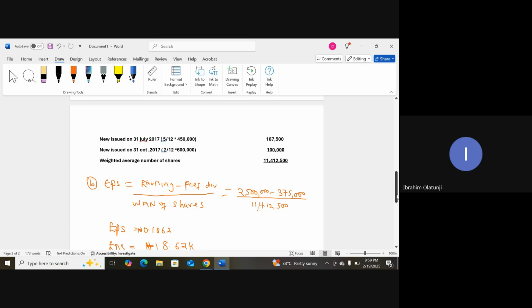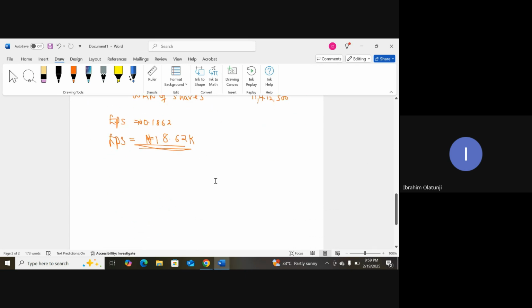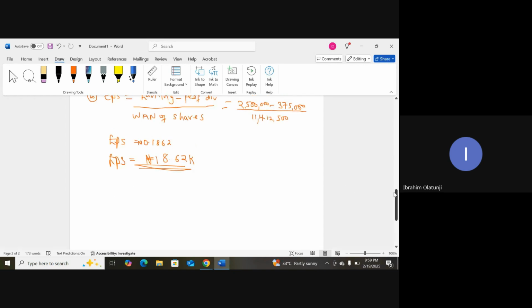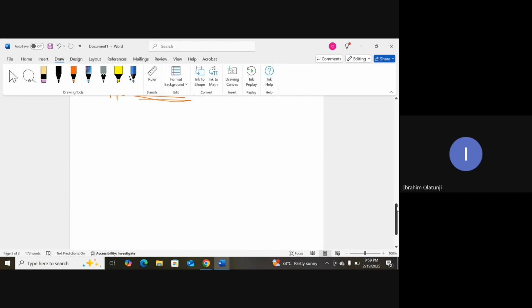So let's look at another example. I was thinking we are going to do the diluted method. No, we are still going to do it.